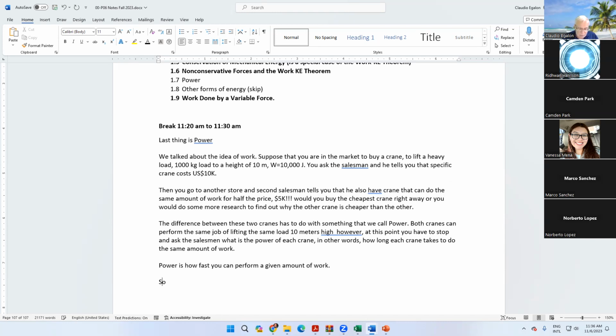So let's say the first crane performs the job in 10 minutes, but, and here you go, a big but here, the second crane, because it is cheaper, most likely performs the same amount of work in a much longer time, let's say 20 or 30 minutes.